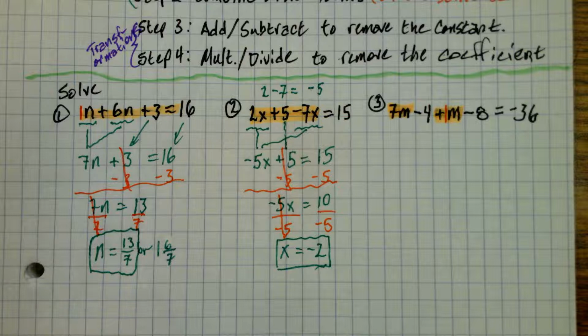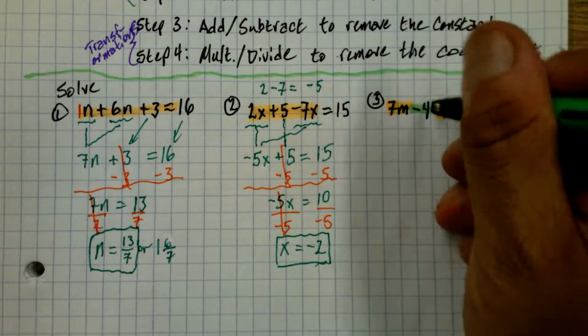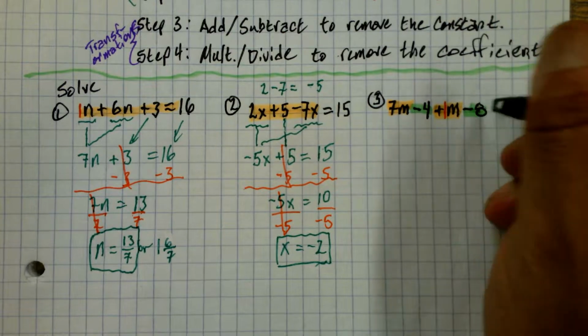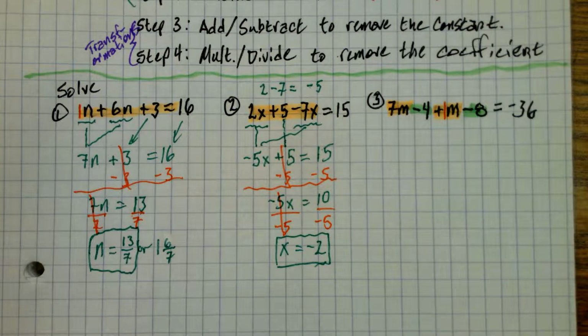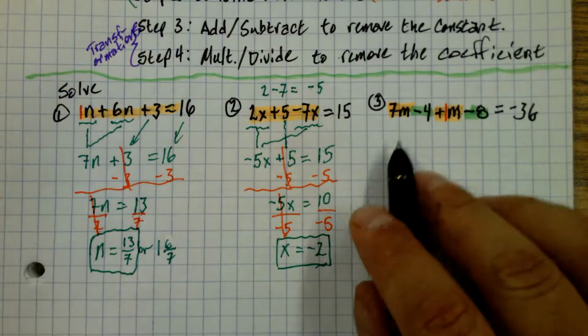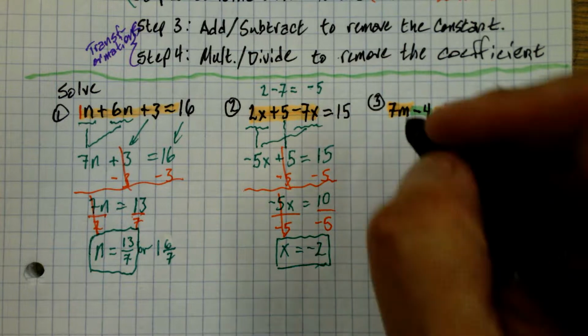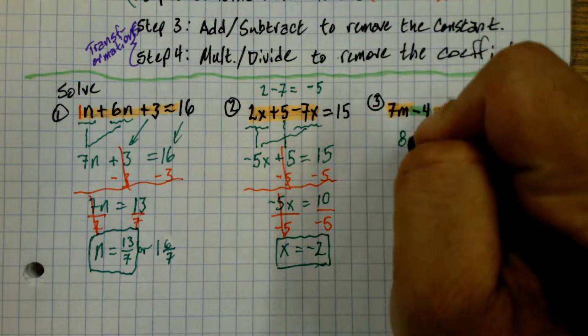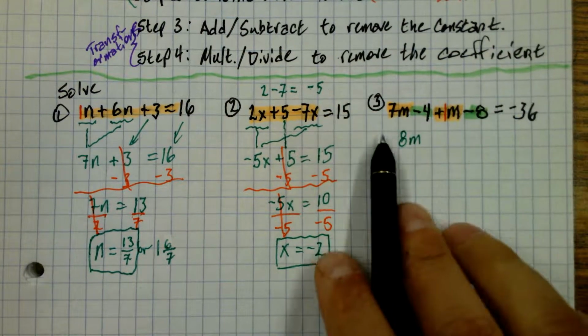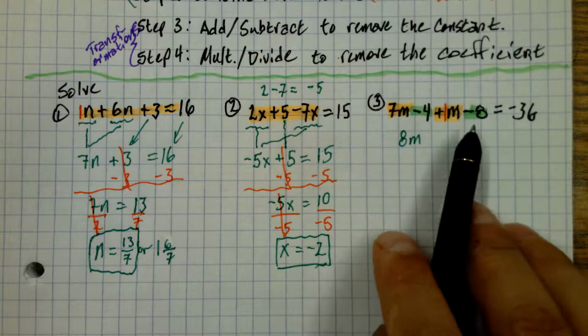What else can I combine? -4 and -8. And I like the way you said that. Think of them as adding two negatives. So let's combine two separate things. Let's start with 7m and 1m. 7 and 1 makes 8m. And now we're going to combine -4 and -8.